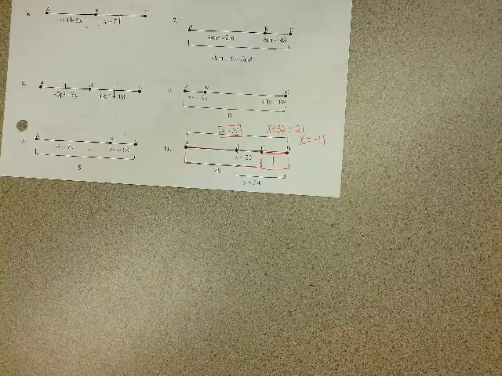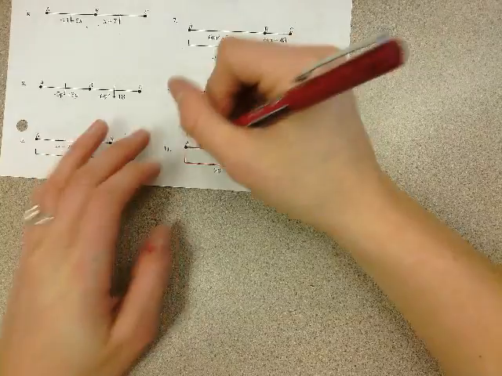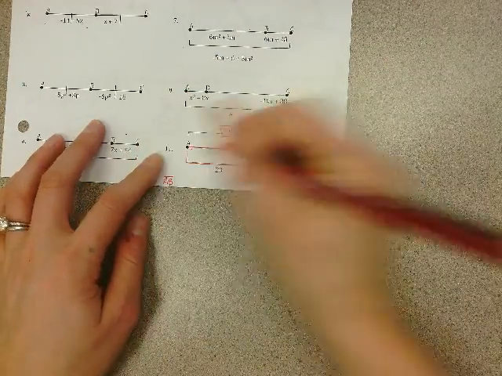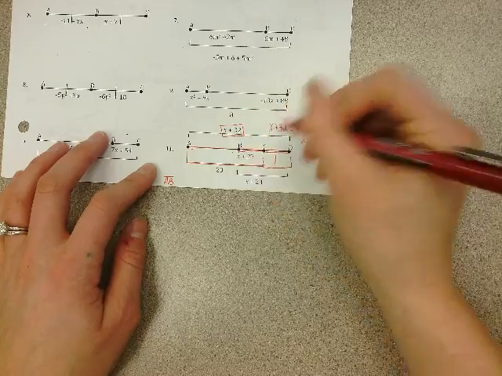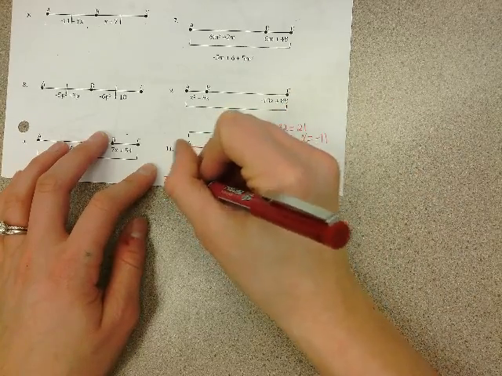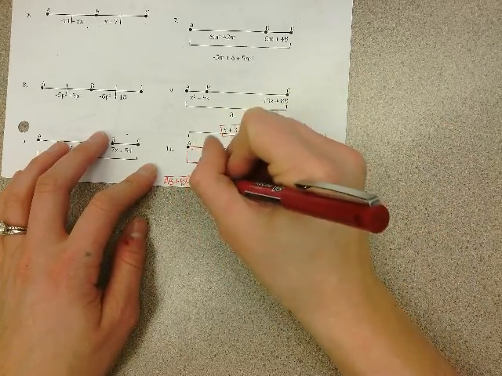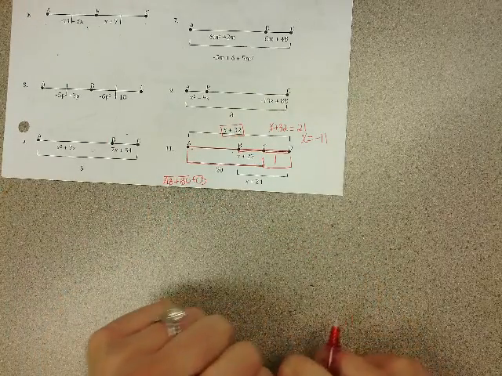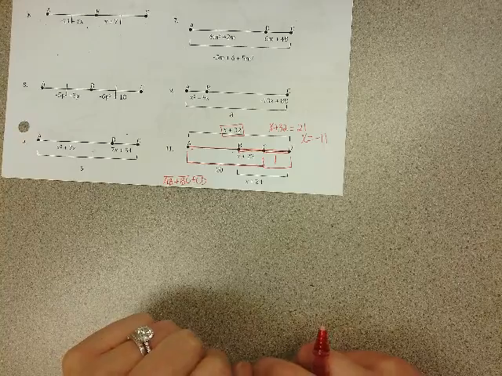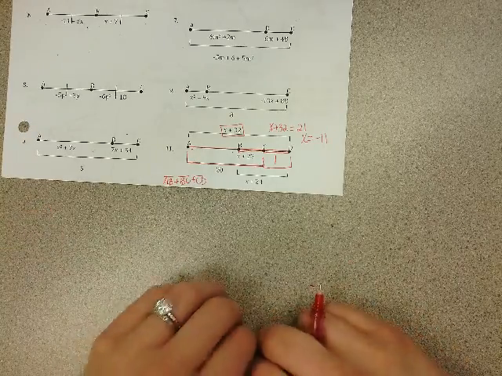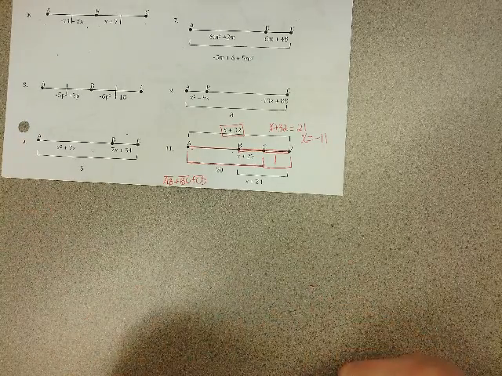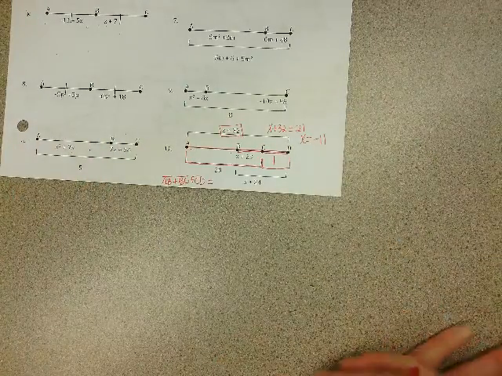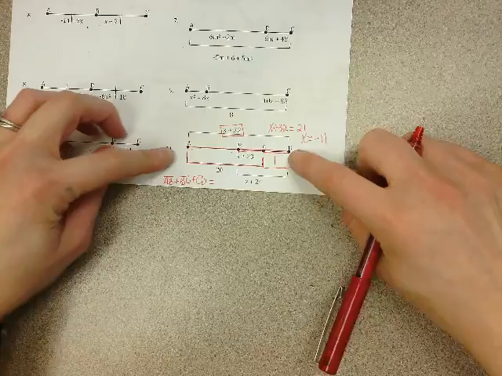So segment addition, right? I know that the segment AB plus the segment BC plus the segment CD. If I add those 3 segments together, what do I get? AD, right?